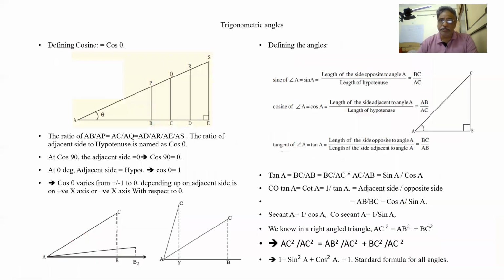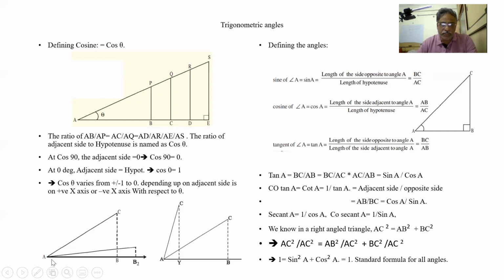Now let us go to the next. So we have defined sin theta as opposite, cos theta, and tan theta. Now suppose this angle as the ray tends to 0, what is sin theta? Sin theta is opposite, and opposite is getting to 0. So sin 0 is 0. What is cos 0?